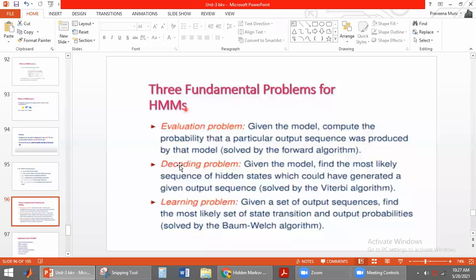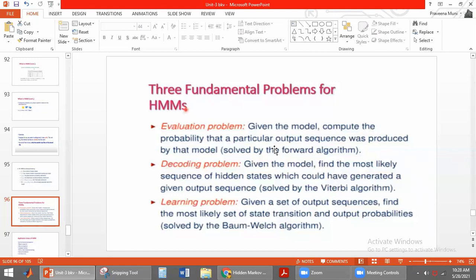First we'll discuss the evaluation problem. Given the hidden Markov model, compute the probability that a particular output sequence was produced by that model. We are just finding the probability of a particular output sequence, such as sunny, rainy, foggy.